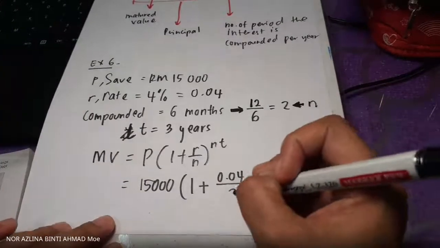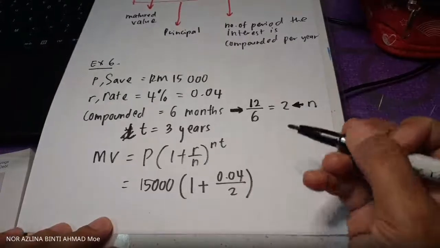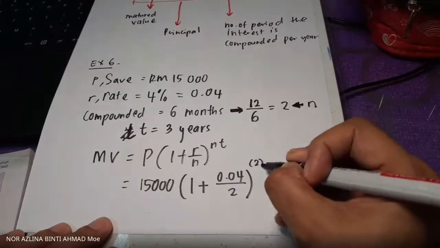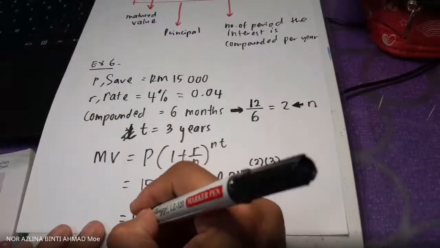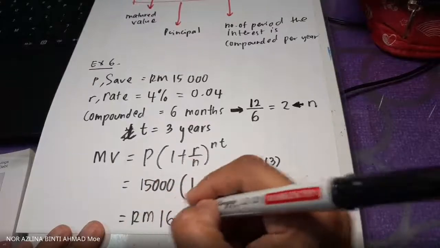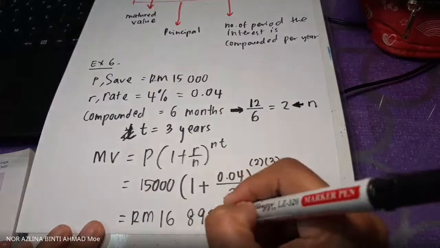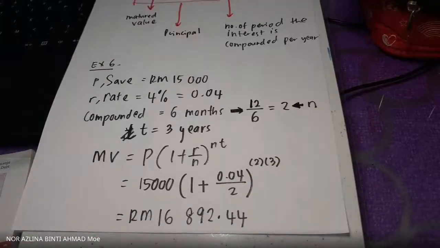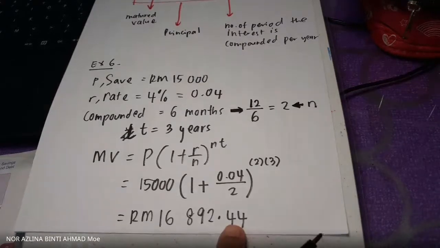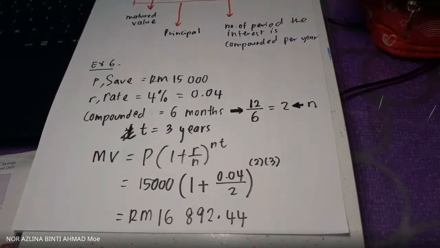Just now we got N is 2. Power of NT, so 2 multiply 3. So this answer equals RM16,892.44. Make sure for RM, the decimal point is 2 decimal places. Ringgit must have 2 decimal places. So using this formula.